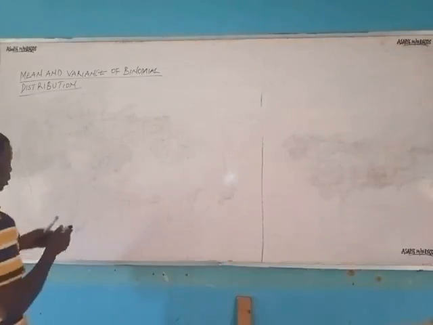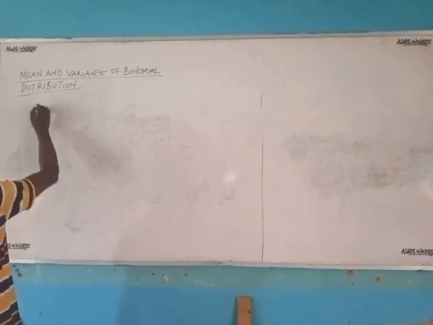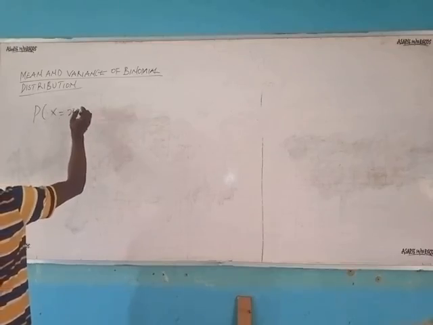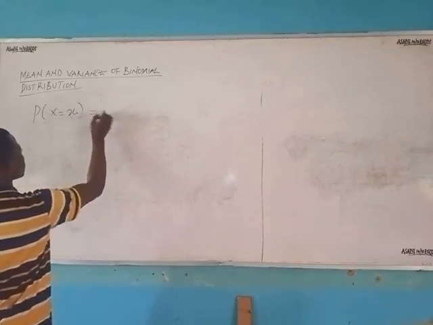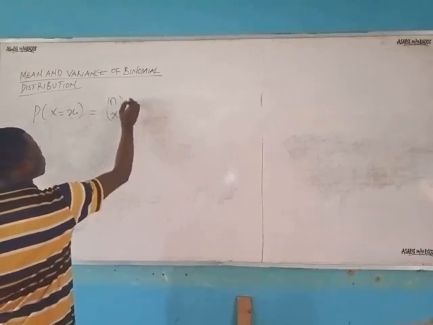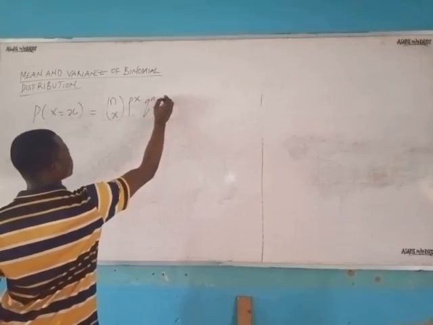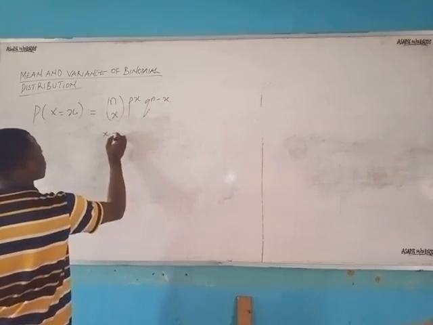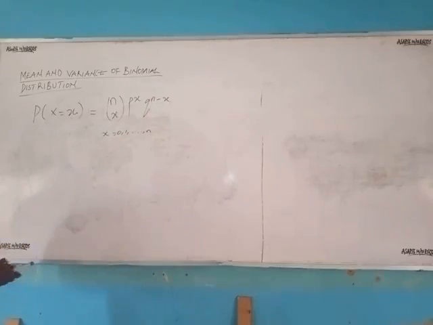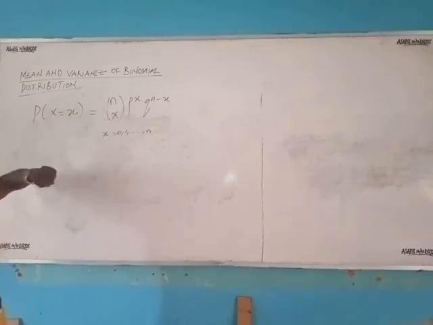It has a probability mass function of P(x = xi) equal to n combination x, p raised to the power of x, q raised to the power of n minus x, where x is from 0, 1 to n. So this is the probability distribution of a binomial.